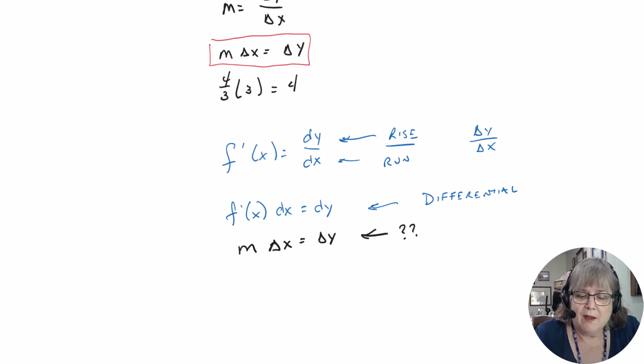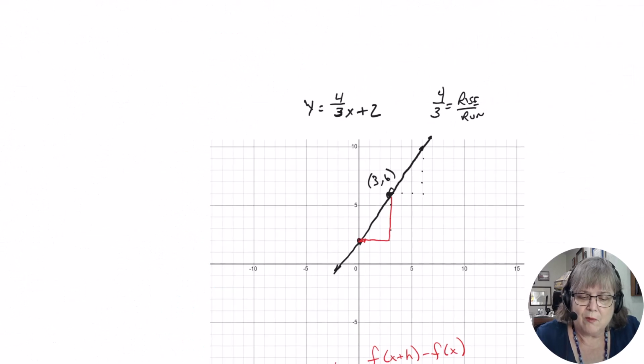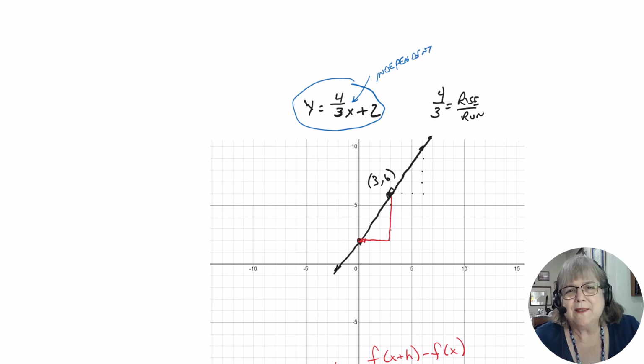Just like before, when you had an equation like y is equal to 4/3 x plus 2, x was the independent variable because you could pick it. You said, well, what if x is 3? What if it's 1? And then y depended on what you picked for x, so it was dependent.